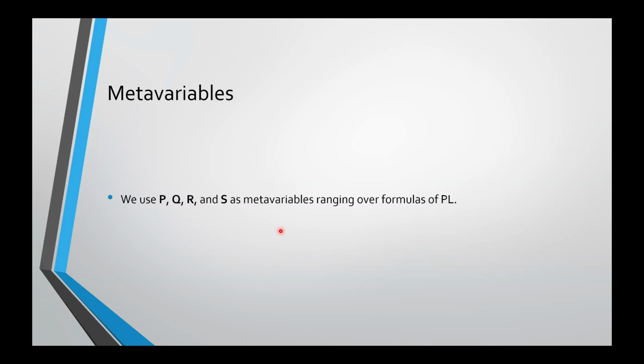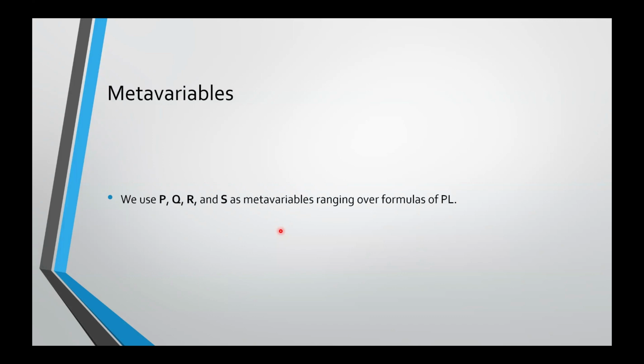We should talk about the metavariables that we use for talking about PL. And remember, of course, these are metavariables. They're not part of the language PL. These are part of the metalanguage that we're using for talking about PL. So pretty much the same as when we're talking about SL, we have boldface P, Q, R, and S as metavariables that range over formulas of PL.